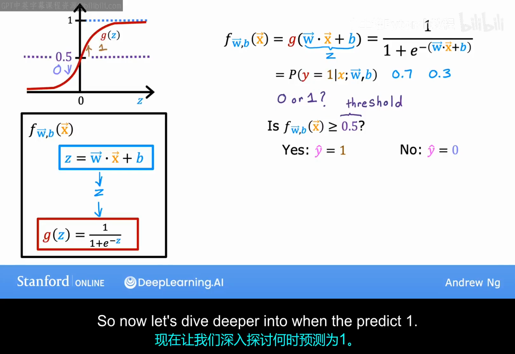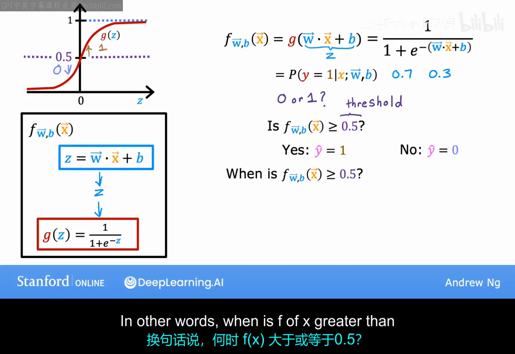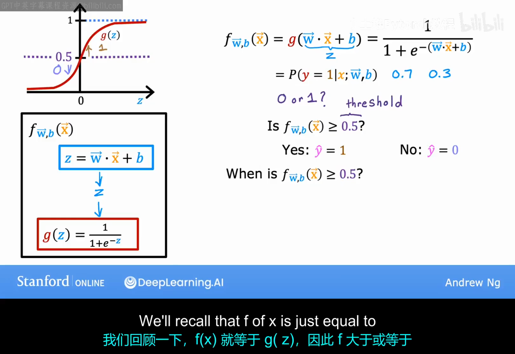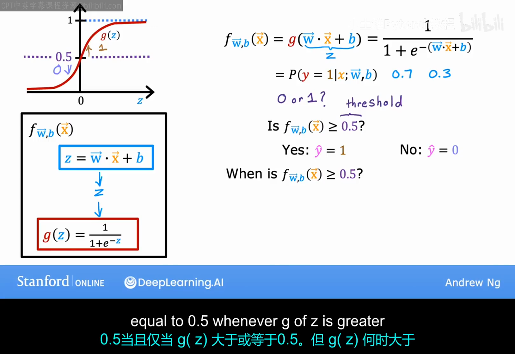So now let's dive deeper into when the model will predict 1. In other words, when is f of x greater than or equal to 0.5? We'll recall that f of x is just equal to g of z, and so f is greater than or equal to 0.5 whenever g of z is greater than or equal to 0.5.